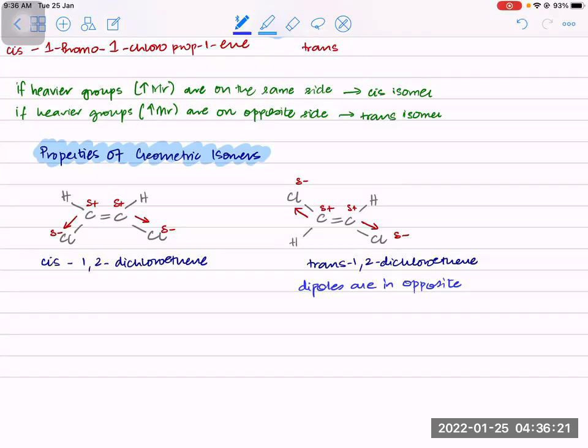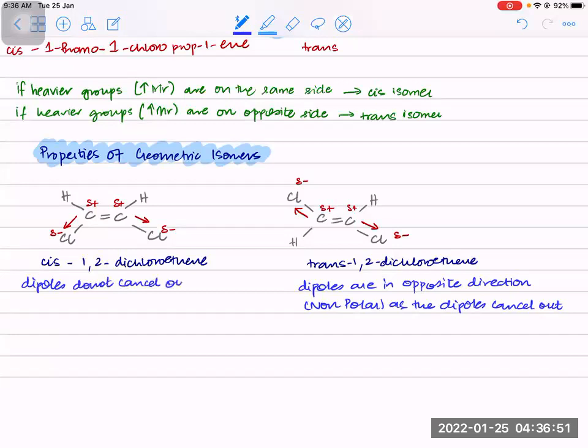So this will have a weak net dipole. Or can I say this will be non-polar because the dipoles cancel out? Since the dipoles are in opposite directions, this would be non-polar, as the dipoles cancel out. On the other hand, in this one, the dipoles do not cancel out. Do you see that?